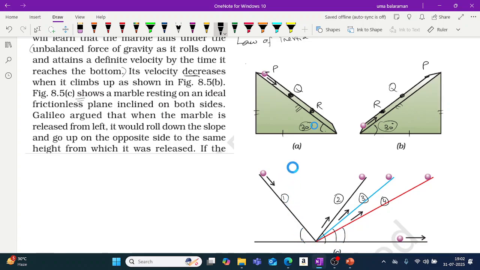So he keeps decreasing the right side inclined plane. If it is released from position P, look at positions Q, R, S. All are at the height of P only. It is reaching that much height. But is this distance equal? Let me call it O. Let me call it Q.